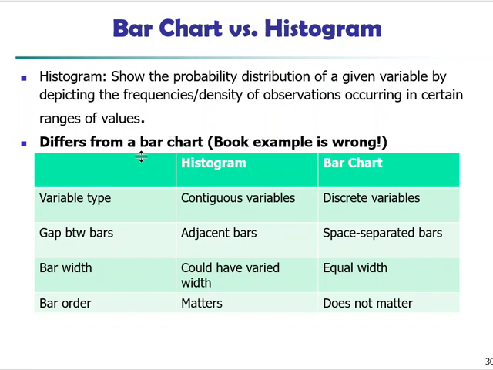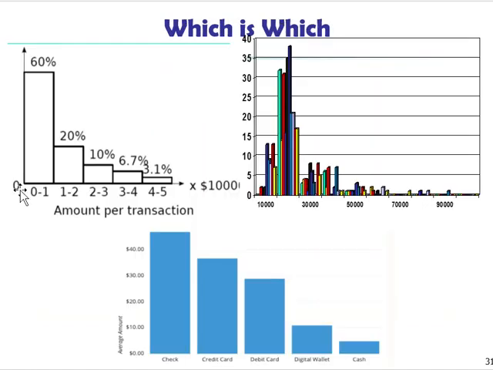On the other hand, the bar chart is used more widely than histogram. Bar chart can depict the frequency or counts, but they really carry quite different meanings. So I listed here some of the key differences. But we can first look at one example of histogram and an example of bar chart.